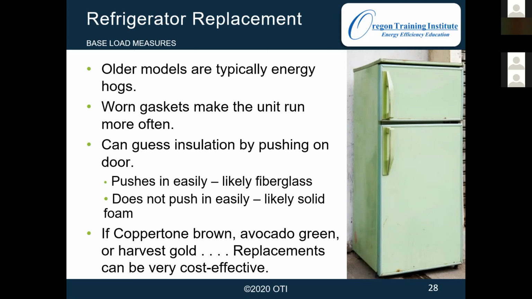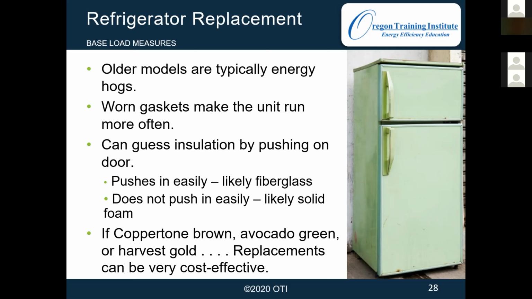And the older it is, the more it uses. I've seen fridges that use $40, $50 a month. And that's per fridge. You've got 2 or 3 of them, you're just going to multiply that up. So we do want to scope out the fridge for replacement whenever it's going to be cost effective.